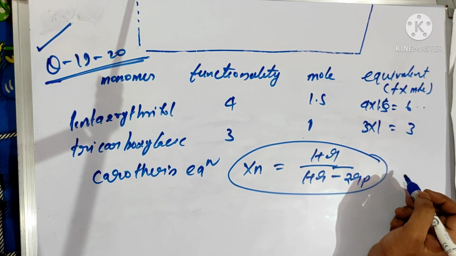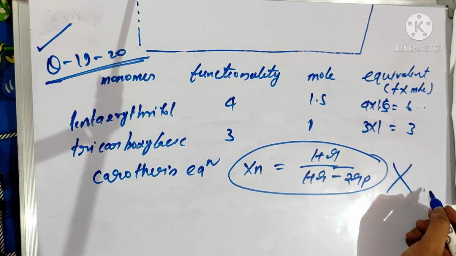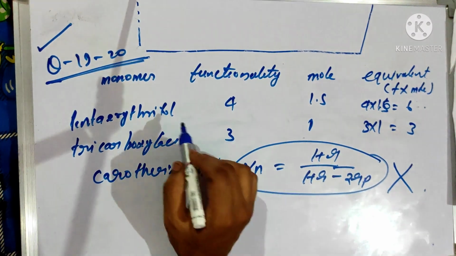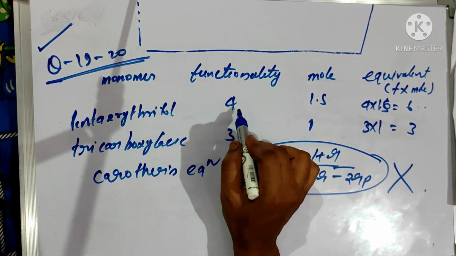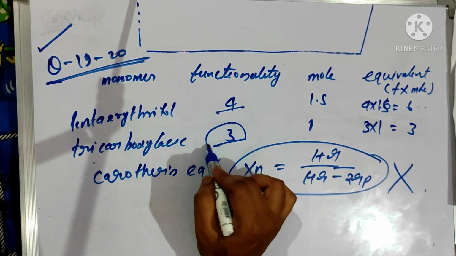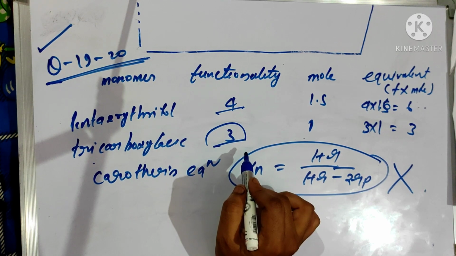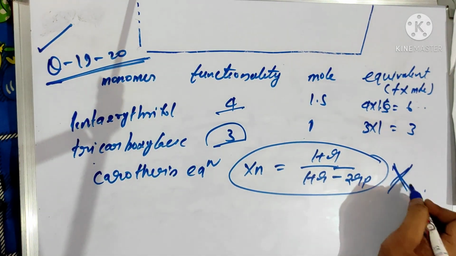If the functionality of both monomers is not equal, then this equation is not valid. In the given question, you can see that the functionality of pentaerythritol is 4 and the functionality of the tricarboxylic acid is 3. The functionality of both monomers is not the same, so this equation is not applied.